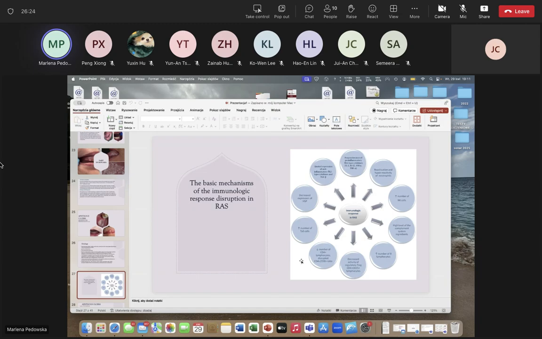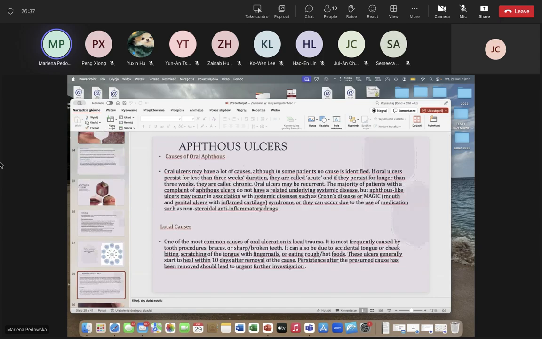For you, colleagues, it can be a deficiency of folic acid, or for somebody else, it can be an increased number of T cells or a decreased number of CD4 lymphocytes, right? So the aphthous ulcer is basically the symptom, and the reason for it is immunity. And sometimes also local causes, so a local irritant plus the immunity, right?